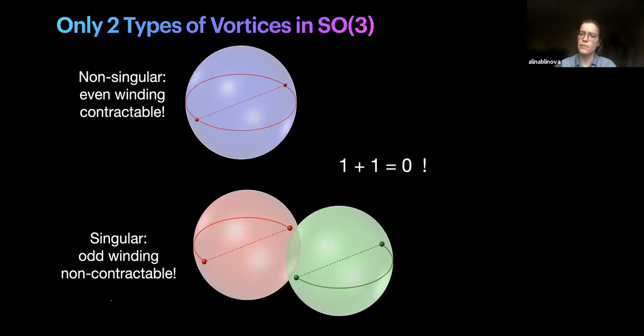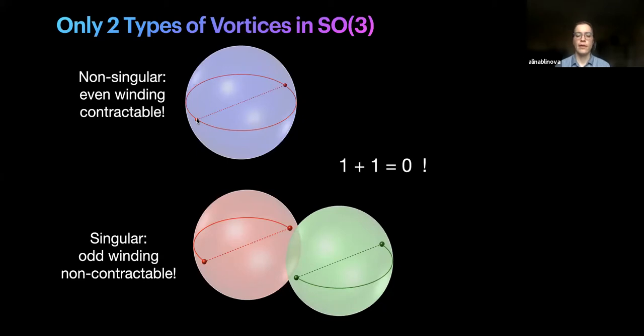At the top here, going around the sphere, we rotate the triad by an angle of 4 pi. This type of loop is contractible down to 0, and essentially that means this is not a topological excitation so much as just a spin texture.